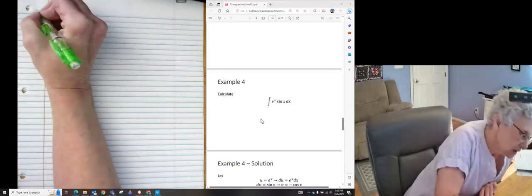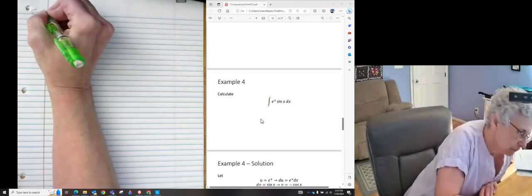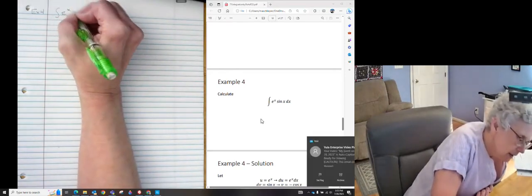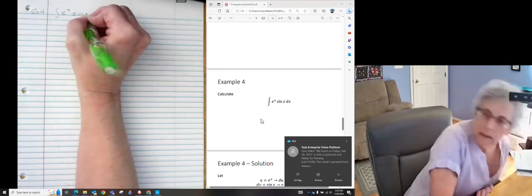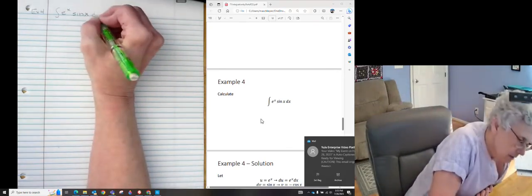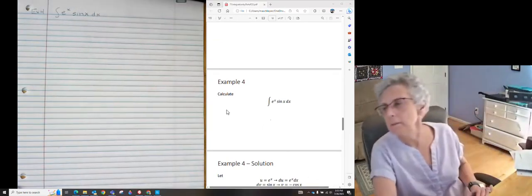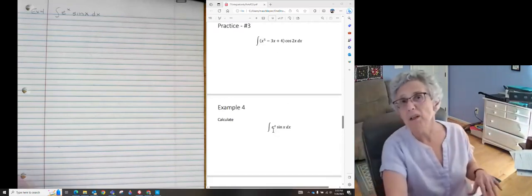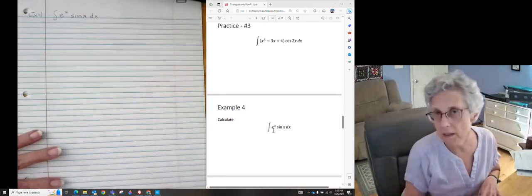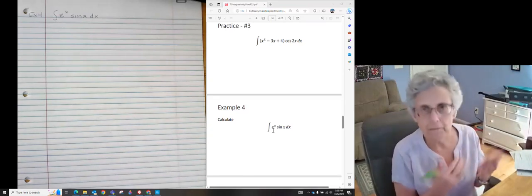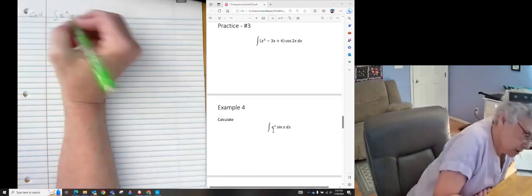So let's look at example 4. We have the integral of e to the x sine of x dx. Now, here I let u be equal to e to the x. So I'm going to let u be equal to sine of x just to prove to all of us that it doesn't matter which way we do it.